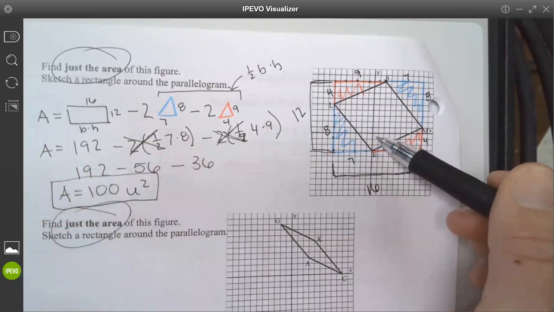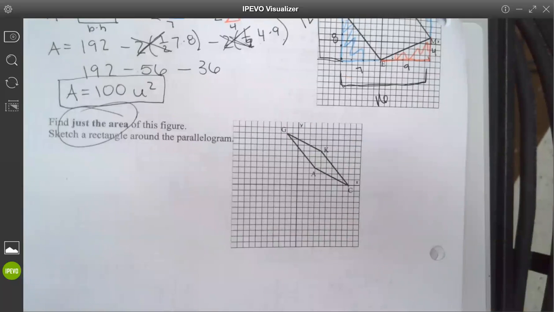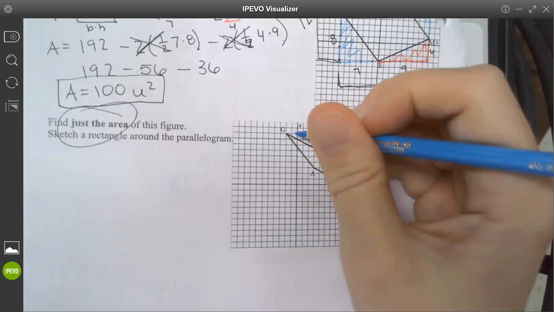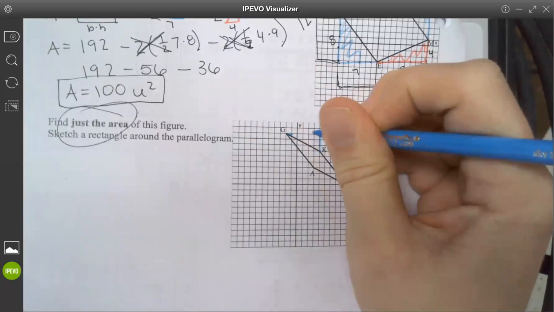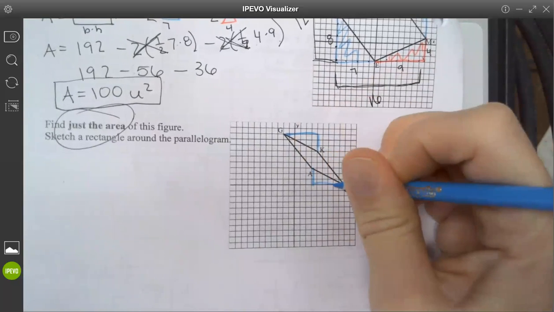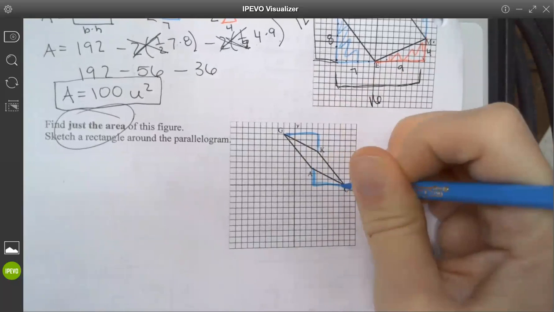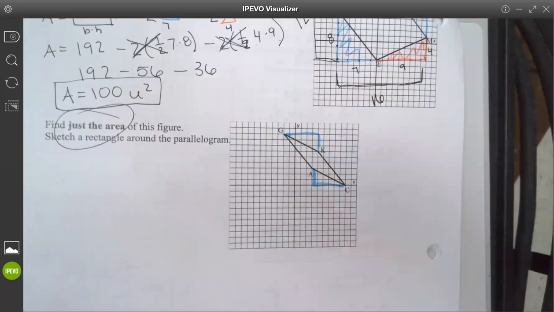Okay. And the next parallelogram, same thing, but watch what happens here. So I'm going to draw in my right triangle, and I'd have a right triangle here. Okay, going from the endpoints of where those sides meet up.